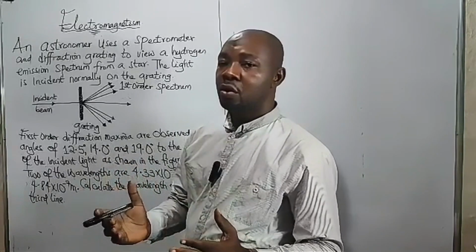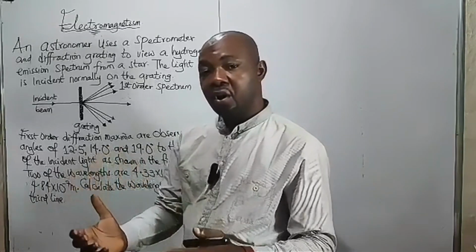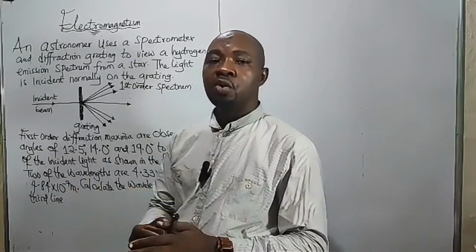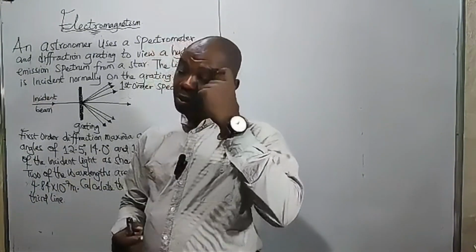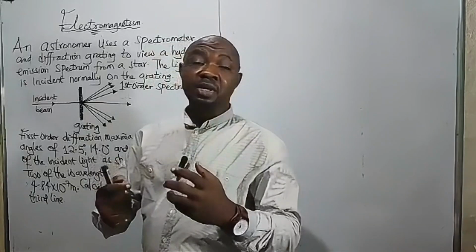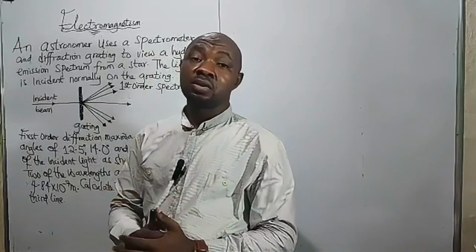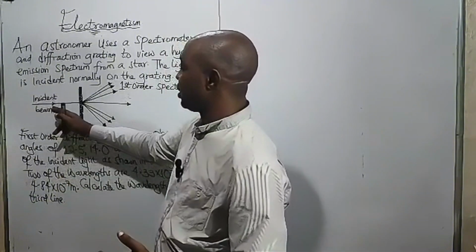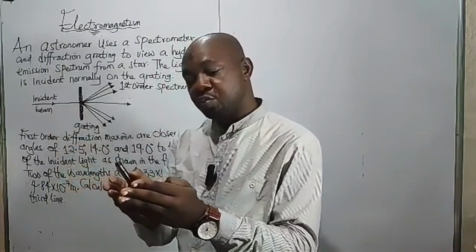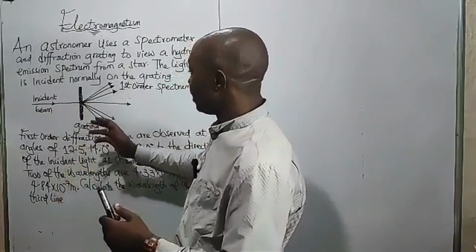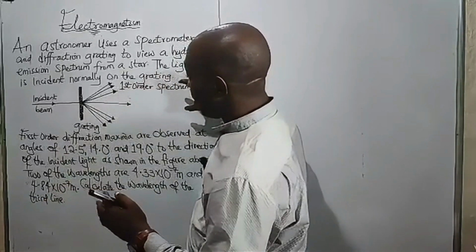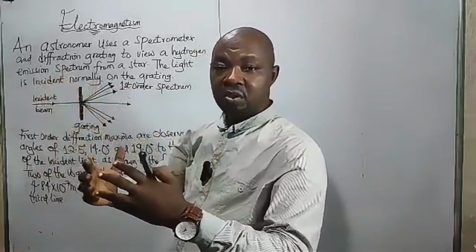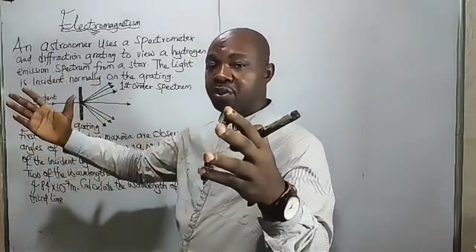Diffraction is a phenomenon of light bending around a corner, or light passing through a small gap whose dimension is about one wavelength. That's diffraction. Just like what we have here, the incident beam passes through a small opening or gap and then emerges at the other end, it diffracts. You understand? The light beam spreads out.